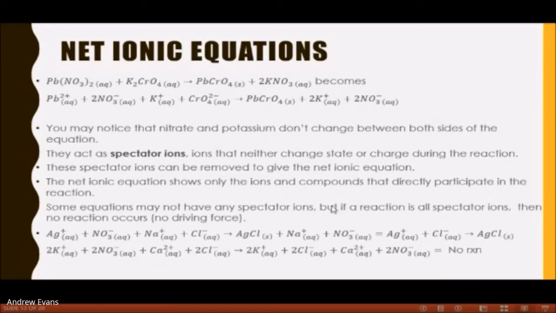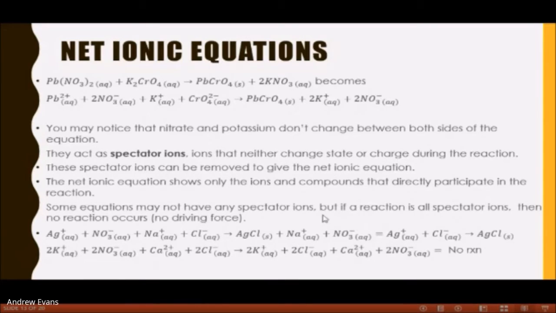No reaction actually happens. So in this case, silver nitrate plus sodium chloride goes to silver chloride solid, sodium and nitrate. If I subtract out the sodium and nitrate, the driving force is a silver ion bumps into a chloride ion, and you get silver chloride solid. The driving force is the precipitation.